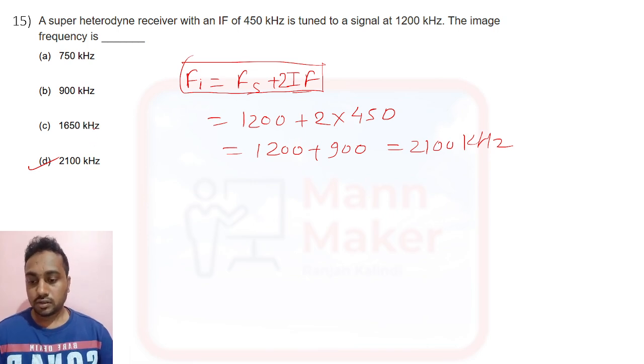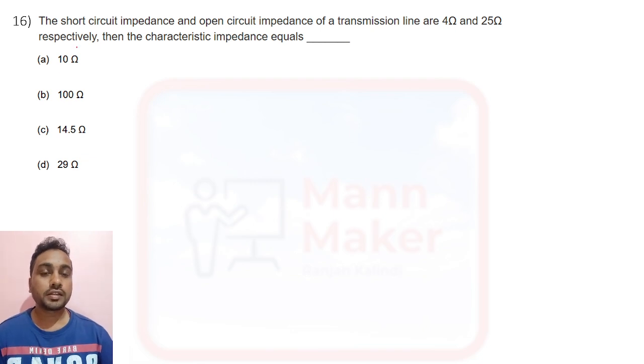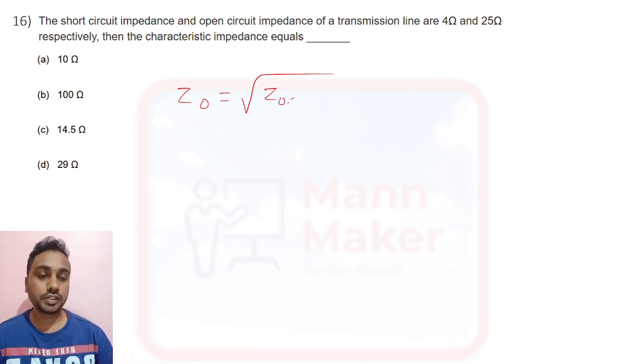Next question. The short circuit impedance and open circuit impedance of a transmission line are 4 ohm and 25 ohm respectively, then the characteristic impedance equals. So the characteristic impedance is equal to the square root of Z open circuit times Z short circuit.